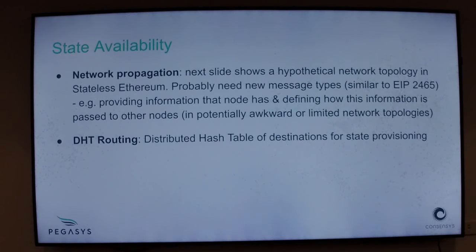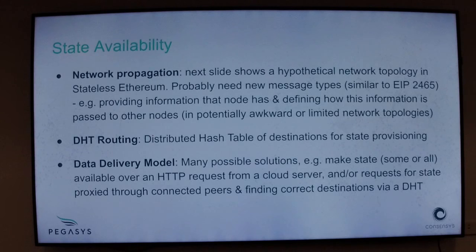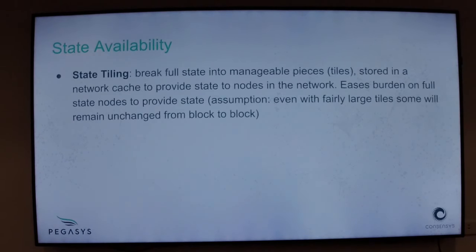Then distributed hash table routing for destinations for state provisioning. And the data delivery model, there are many possible solutions. Make state available over an HTTP request from a cloud server, potentially. And or request for state proxy through connected peers, and finding correct destinations through the hash table.